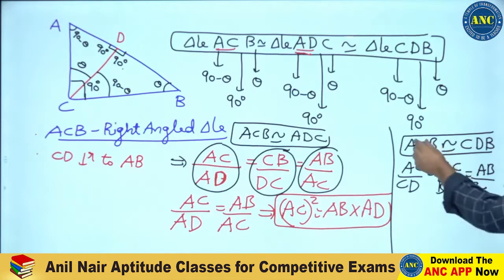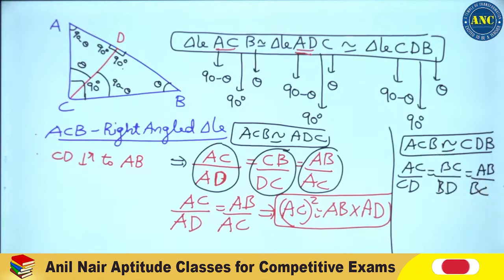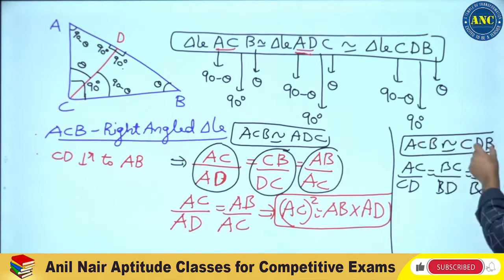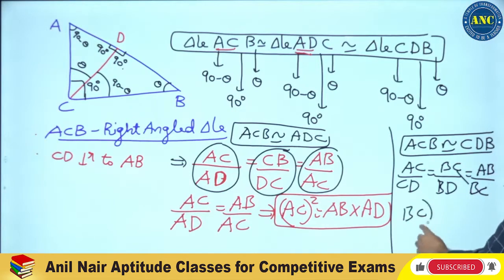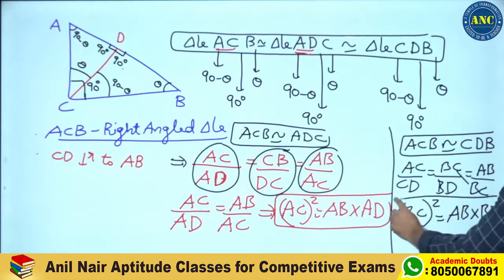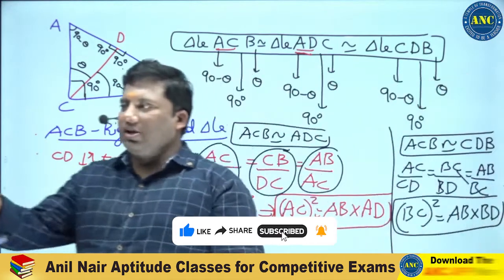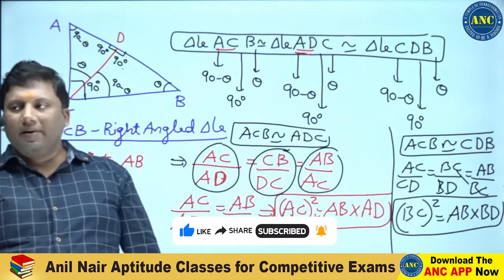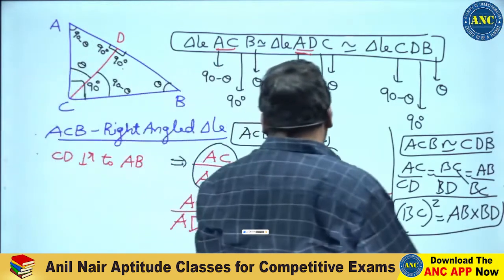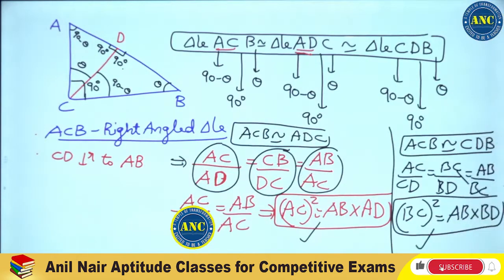If I cross multiply, BC into BC is BC square. BC square is AB into BD. I hope it is clear. So if you observe here, AC square is AB into AD. BC square is AB into BD.